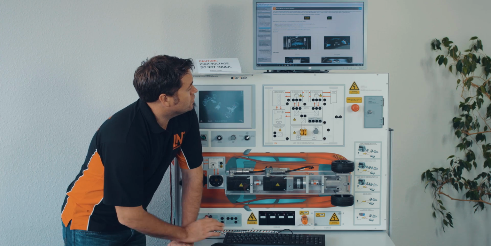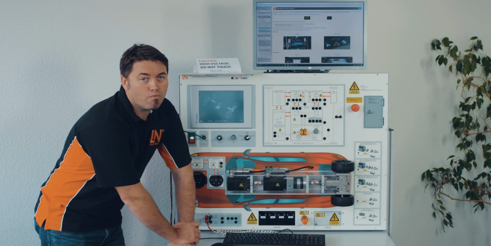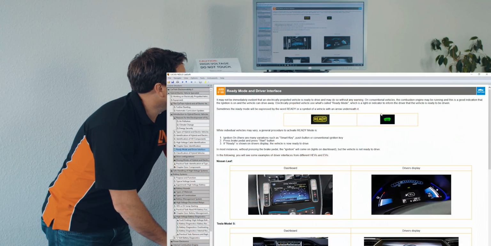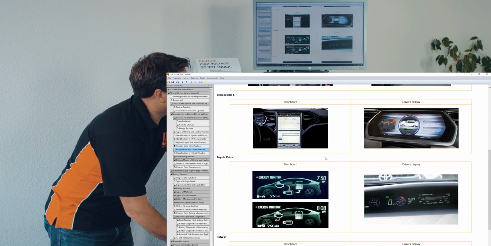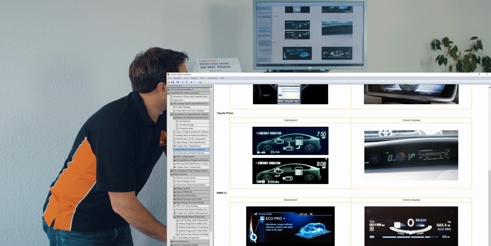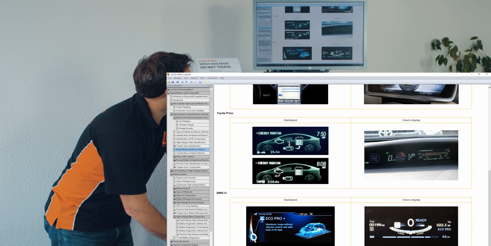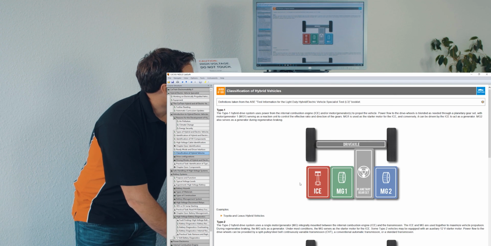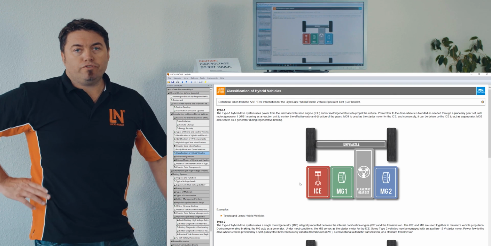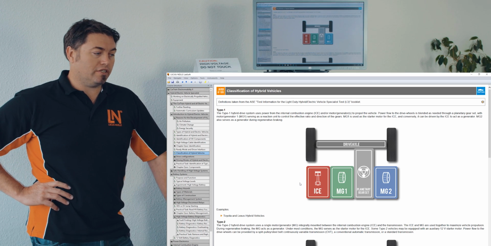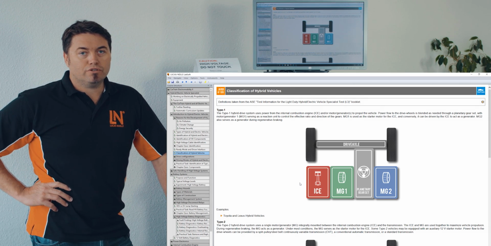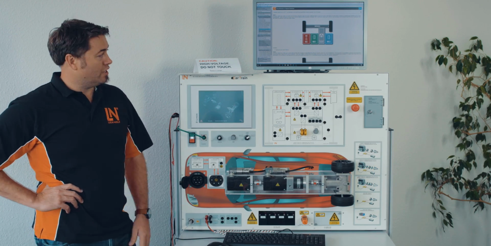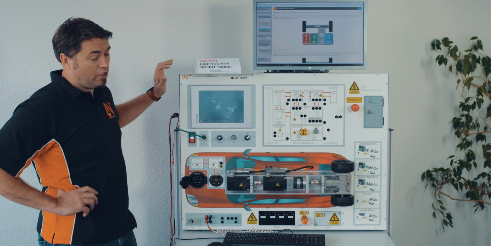Nissan, for instance, uses the other type of ready light, the little vehicle. So just be aware of the different types. Now, some of the classifications of different vehicles. It's very difficult to standardize, so to say, the various types of especially hybrid vehicles.